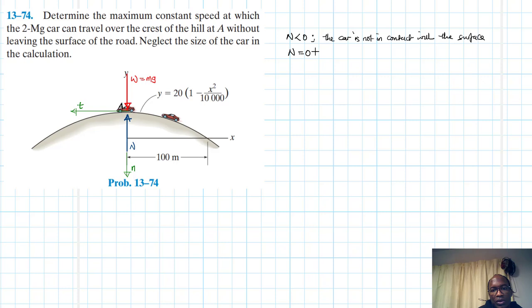Then we do have N equal to 0, when the car is at the verge of losing contact with the surface. Then we do have N greater than 0.